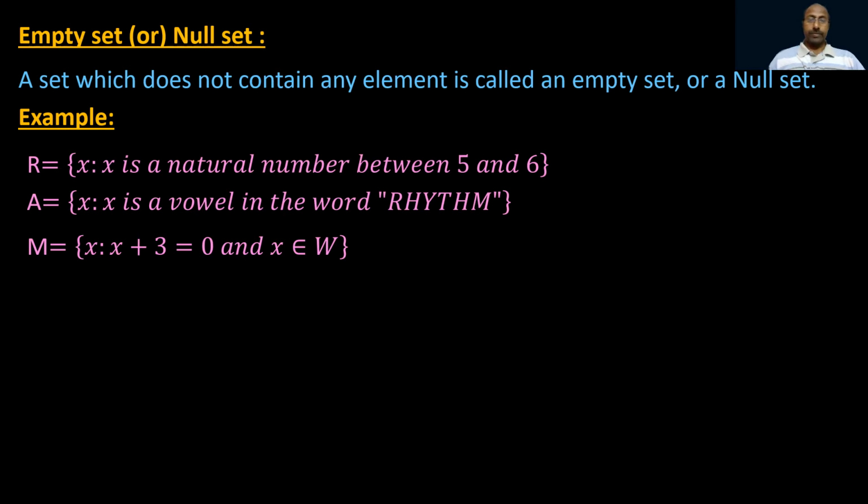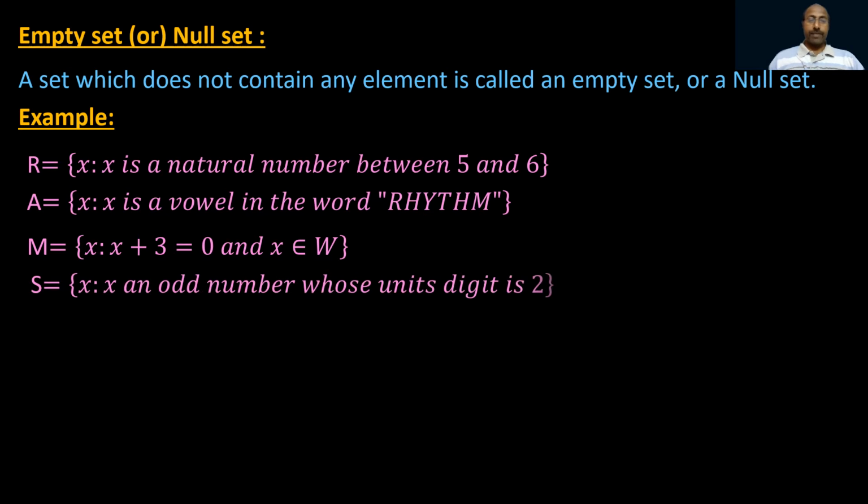No. Whole numbers start from 0, so there are no negative numbers in whole numbers. So the value satisfying this equation is not present in the set M. So here M is an empty set, because minus 3 is not present in whole numbers.